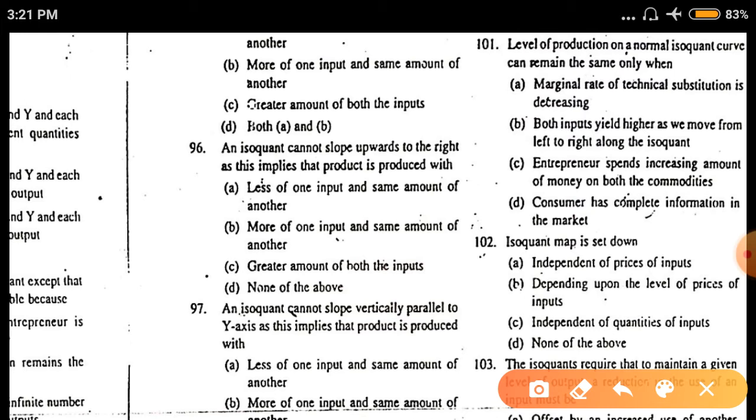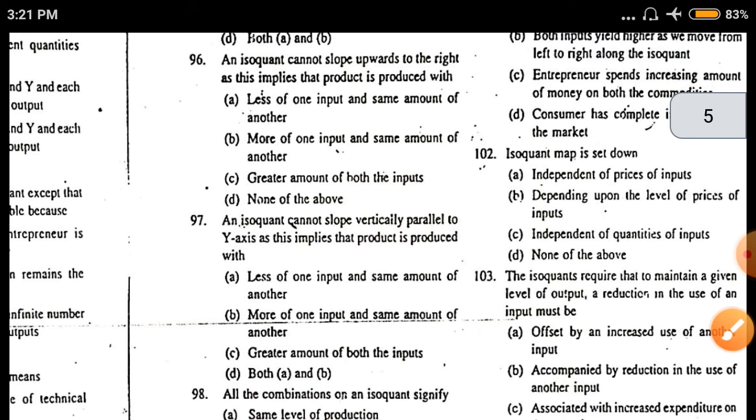Marginal rate of technical substitution is decreasing. Option A. Question number 102. Isoquant map is set down because it is independent of prices of inputs. Option A.